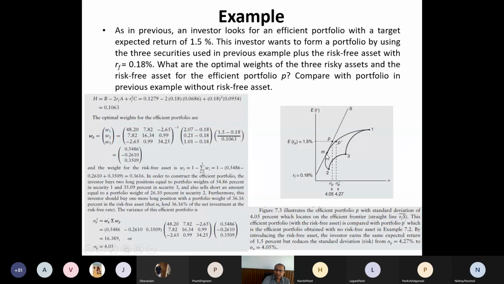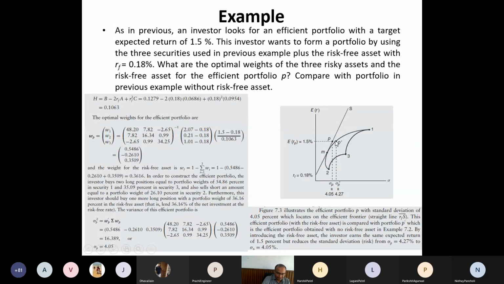One point is here. Another point is the tangency portfolio, the market portfolio, the M point. My expected return is 1.5%, so it is my P point on this straight line, and earlier it was the P dash point with risk 4.27%. Now the risk is reduced to 4.05% with the same expected return.